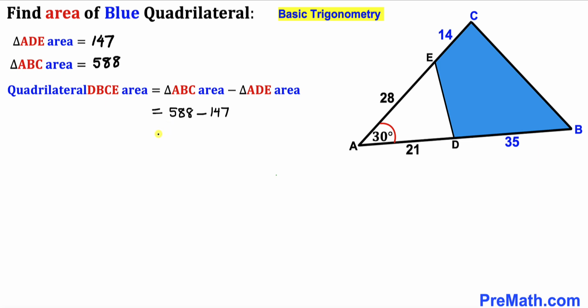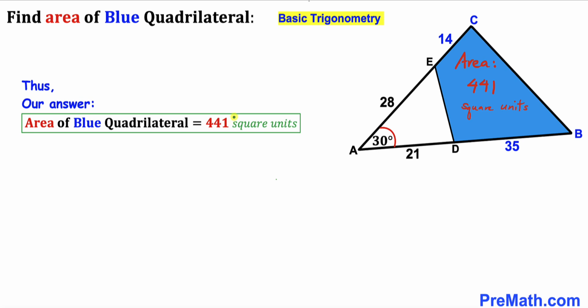If we subtract everything, that gives us 441 square units. So the area of this blue shaded quadrilateral turns out to be 441 square units.